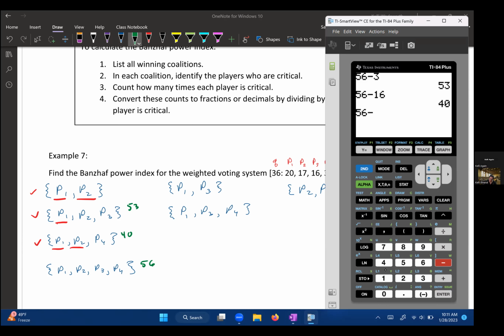If I take away the 17, that's not critical either. What about if I take away player 1's votes? No. So in the entire weighted voting system, no one is critical. If you have all 4 people in the coalition, removing any one person's votes does not reduce the number of votes to below quota.